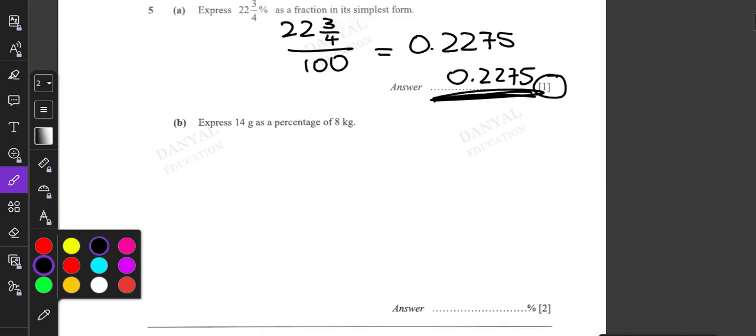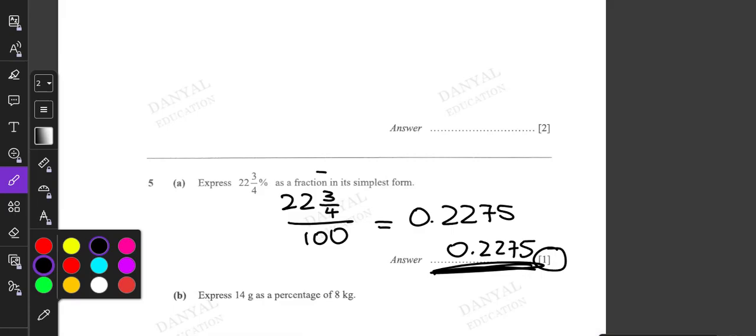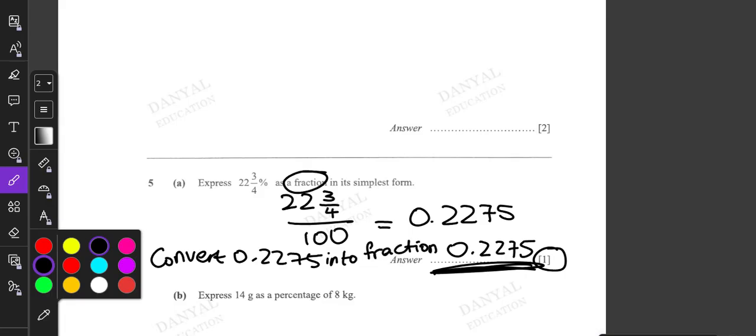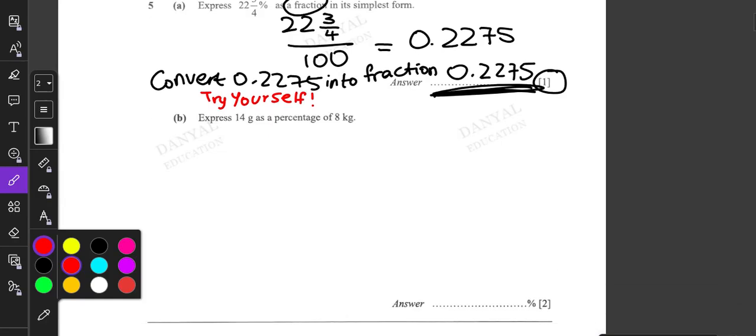But because they say it's a fraction, I would like you to convert this into fraction. Okay, this will be your try yourself question.